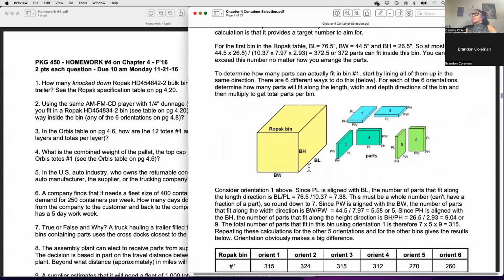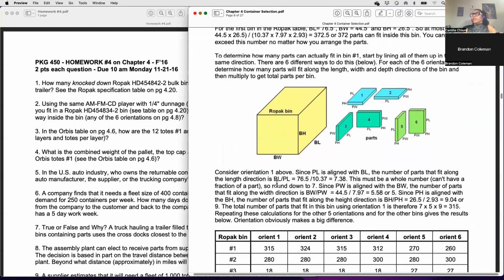That's going to equal 7.38 in total number of parts you could get in that orientation for that particular dimension. Now, you're not going to be able to get a fraction of a radio in there, so you just round down. So now you're at 7.